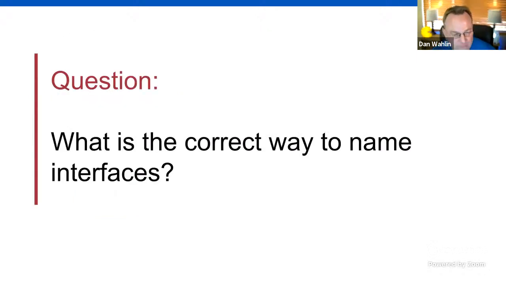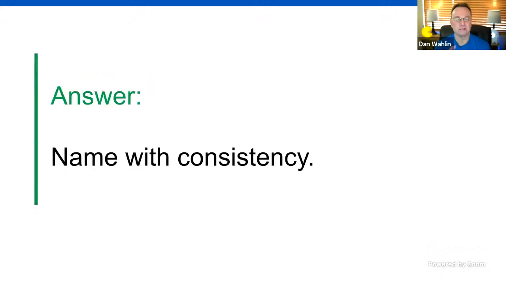So first off, what is the correct way to name an interface then? Because you've seen me do it without an I and with an I. And the answer is there is no right way. Just be consistent across your team. If your team's already doing, for example, .NET, then you're probably comfortable using I for interface. I personally kind of like it because it makes it very clear it's an interface, but a lot of people don't.